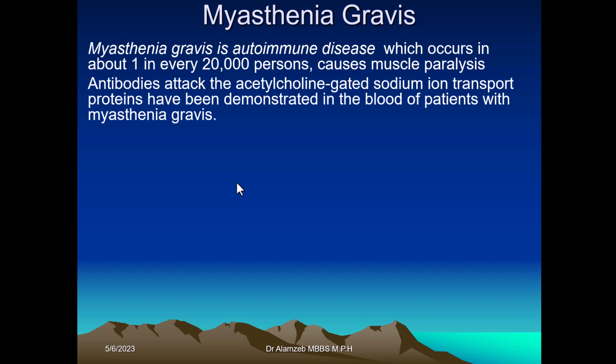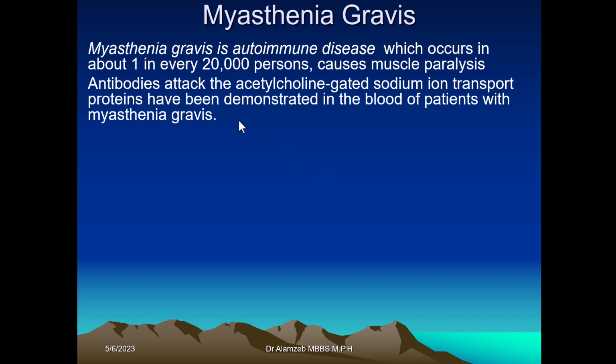This is actually an autoimmune disease, and antibodies attacking the acetylcholine gated sodium ion transport protein have been demonstrated in the blood of a patient with myasthenia gravis.